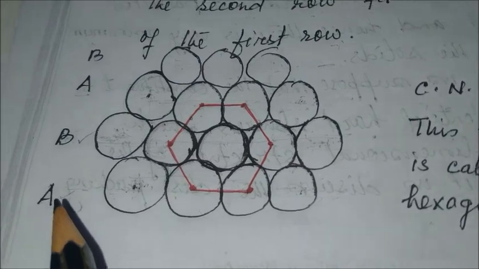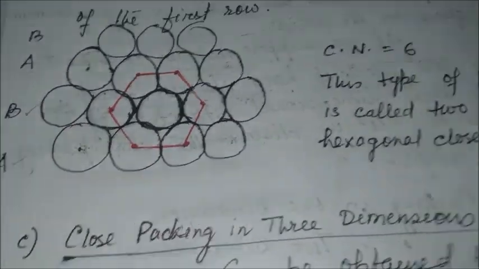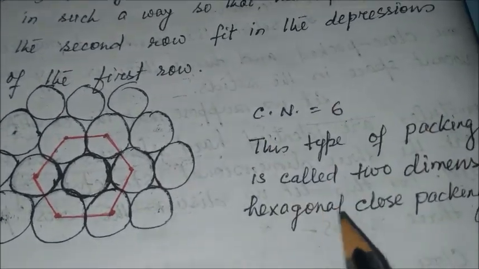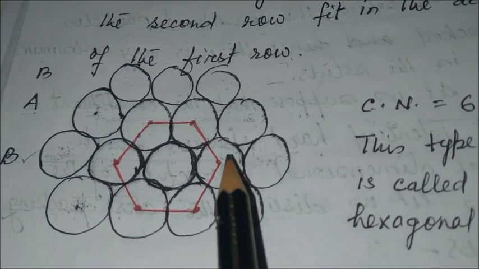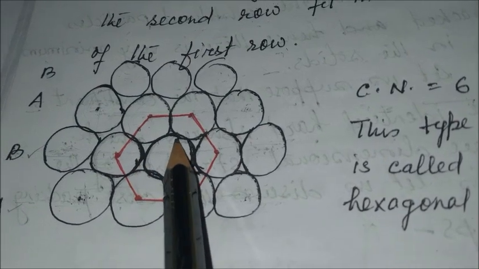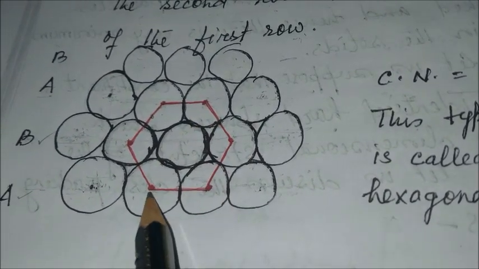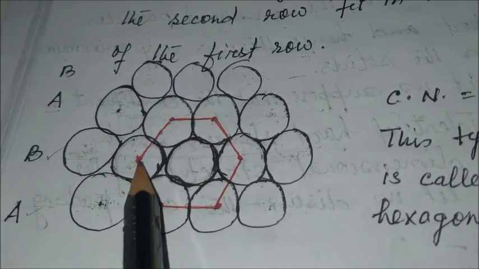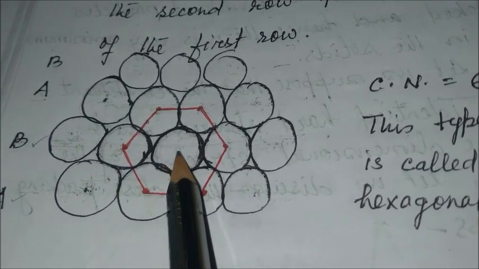So the arrangement will be ABABAB type, and in this case the coordination number is 6. Here consider this sphere. These 6 spheres, 1 2 3 4 5 6, touch this sphere which is in the middle.